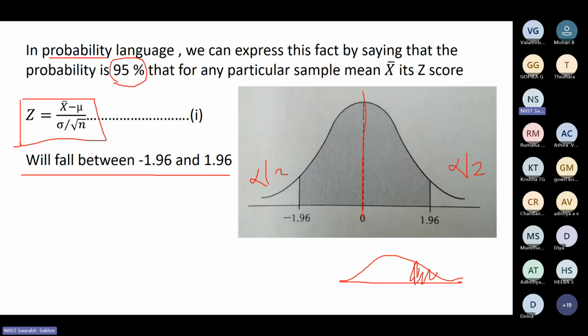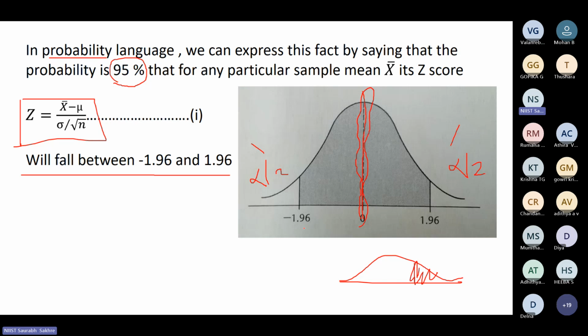That is what my intention is. I have to move towards my true mean, this line. So I divided my alpha in two parts: alpha by 2 on the plus side and alpha by 2 on the minus side. So minus 1.96, plus 1.96. Okay.